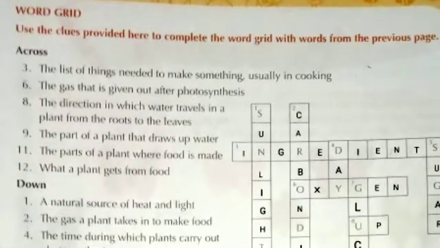Turn to page number 17. Word grid. Use the clues provided here to complete the word grid with words from the previous page. Across. The list of things needed to make something, usually in cooking.